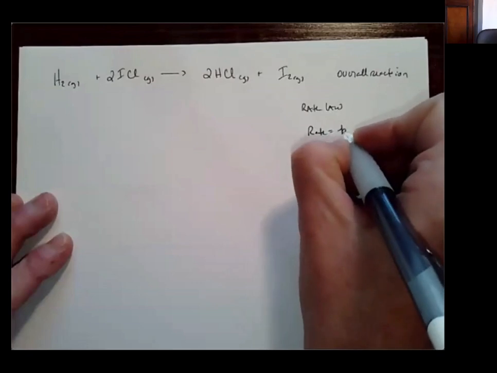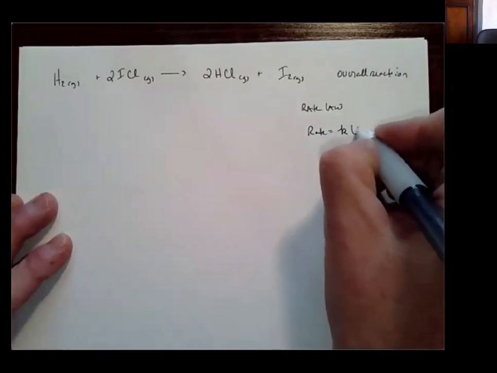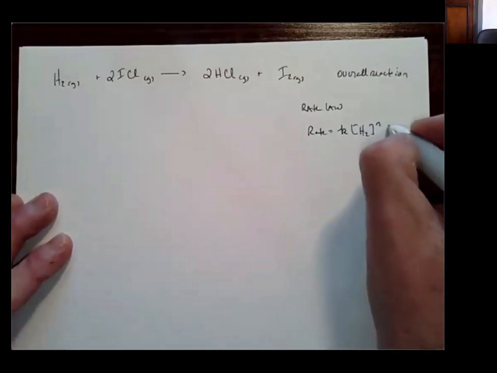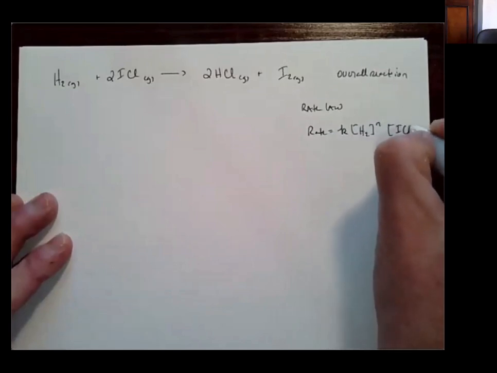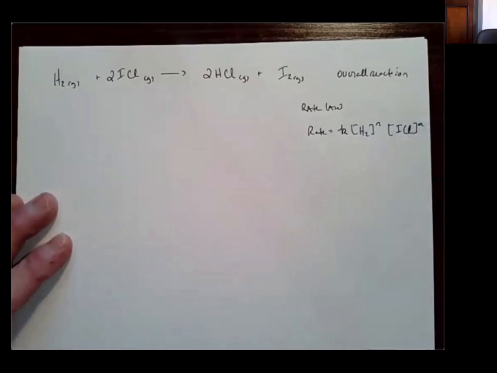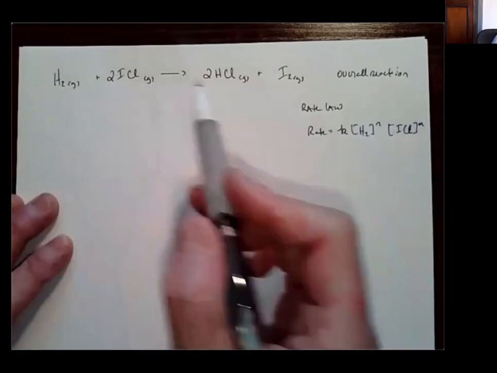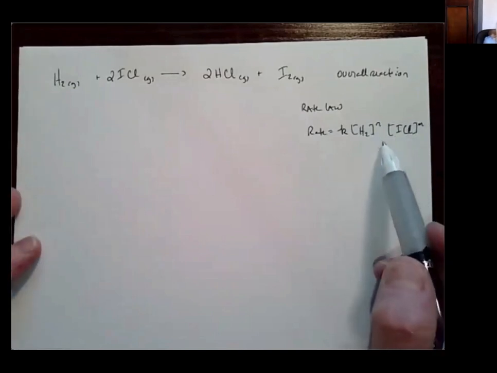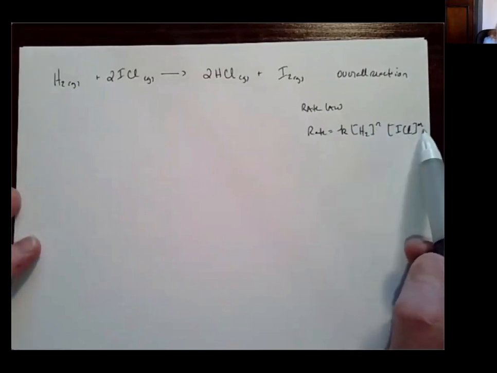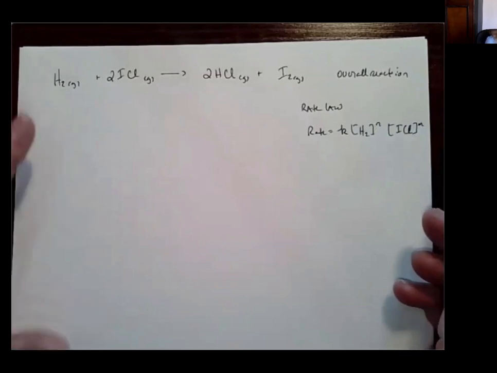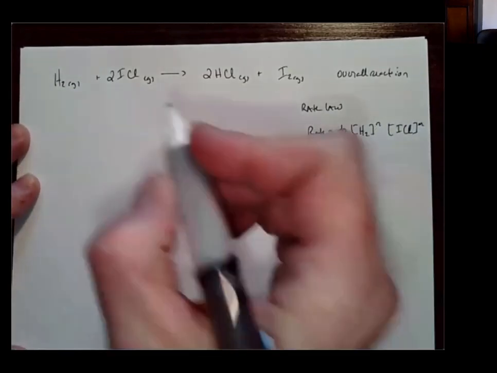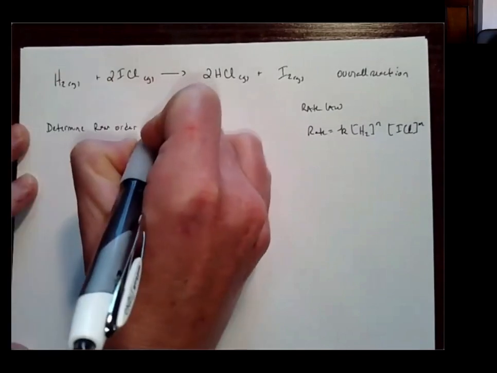Rate equals my rate constant times hydrogen to some reaction order and ICl to some reaction order. And I'm not going to use stoichiometry. Remember, I'm going to determine these reaction orders. I would need experimental data to determine n or m, but I could also find it if I had my individual steps. So I could determine my reaction order using experimental data.